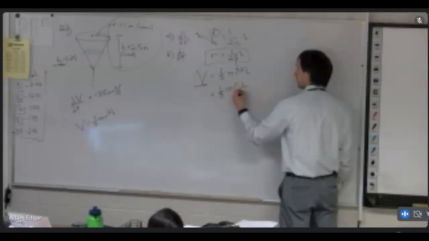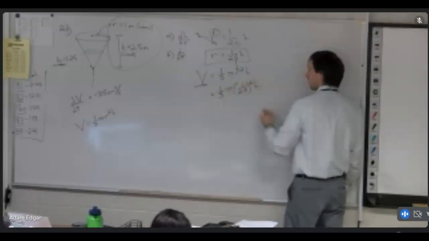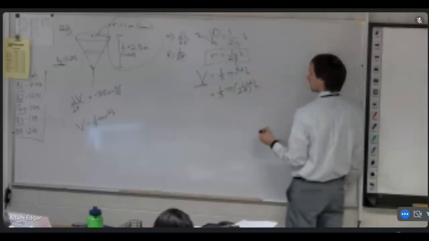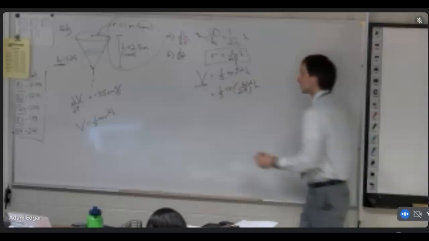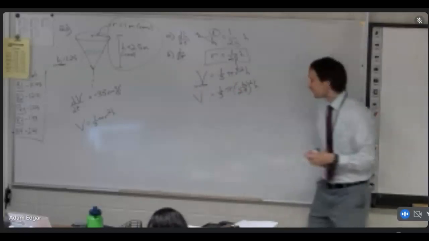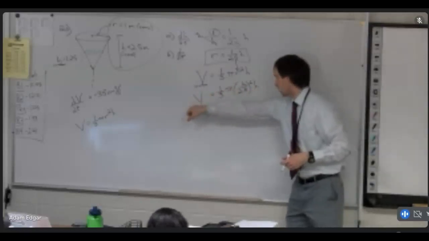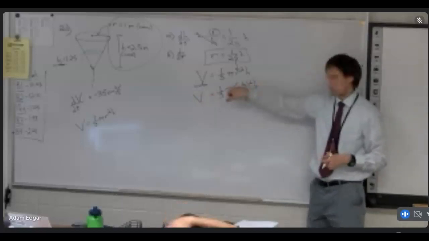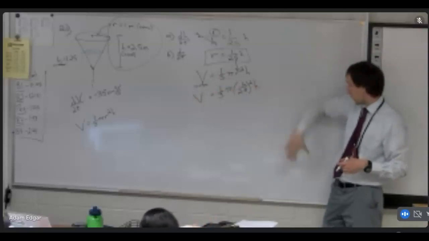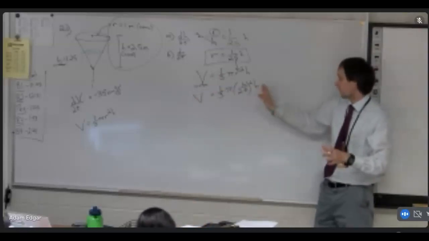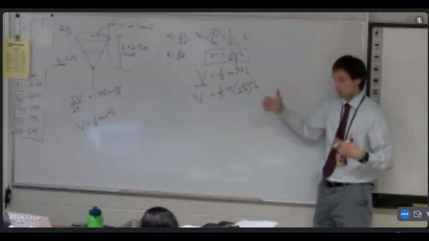And now I only have one variable, h. So this is the volume of the water. And as the volume changes, so is the height changing. So I'm leaking out water, and as a result, the height of the water level goes down. And so now I can start to clean this thing up and take the derivative.